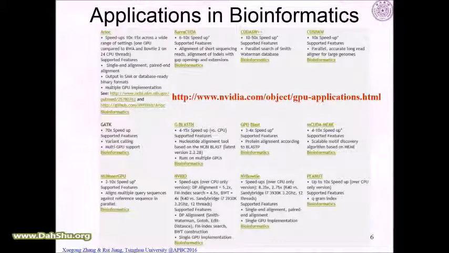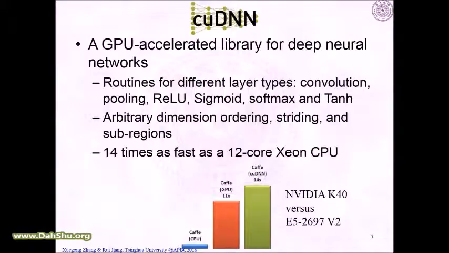And there have been a lot of successful applications on this. You can find them on this web link, provided by the NVIDIA company. And one particular package implemented the convolutional neural network on CUDA.